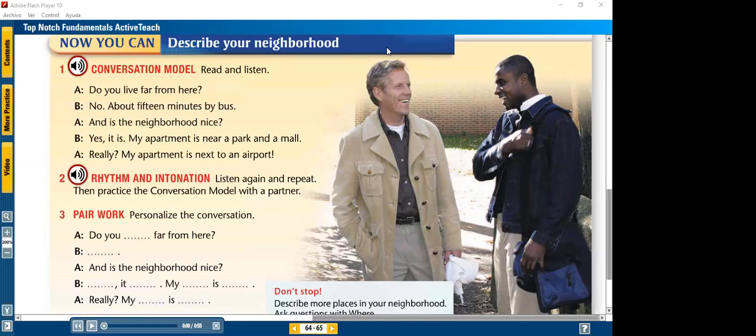Is near a? Museum. A museum. Okay. No caché muy bien la pronunciación. Don't worry, no te preocupes. Está bien. Yeah, my apartment is near a museum and a stadium.